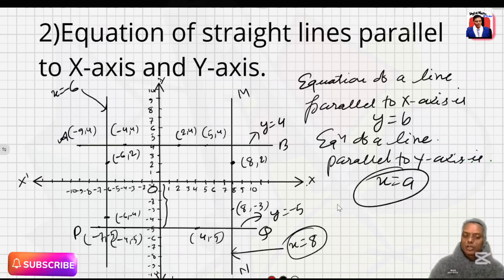When the line is parallel to the y-axis, it is perpendicular to the x-axis, and when the line is parallel to the x-axis, it is perpendicular to the y-axis. So this is 90 degrees here. A is the x-intercept, B is the y-intercept. Hope you have understood. Have a good time. Thank you.